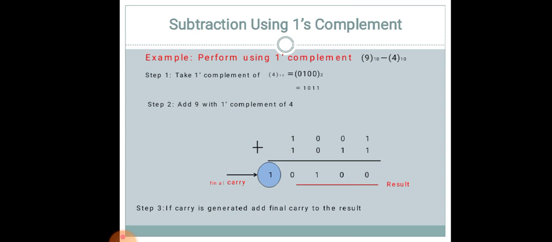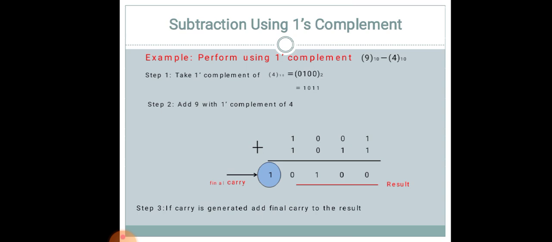Now this ones complement we have added to 9, and 9 is also represented in 4-bit binary. So what is the 4-bit binary of 9? That is 1001, and to that we have added the ones complement of 4, that means 1011. Now see, we have applied the binary addition rule. 1 plus 1, result is 0, carry is 1.